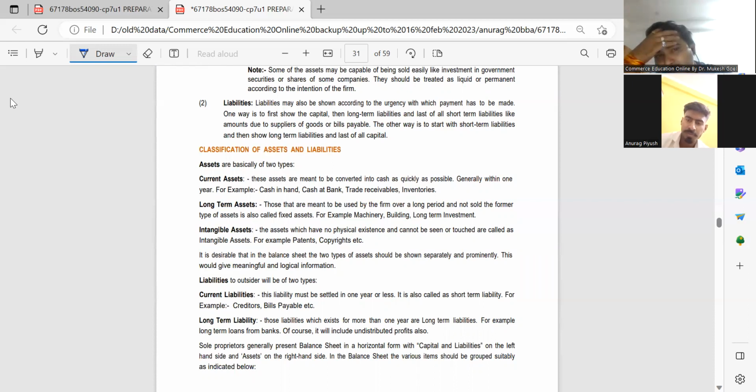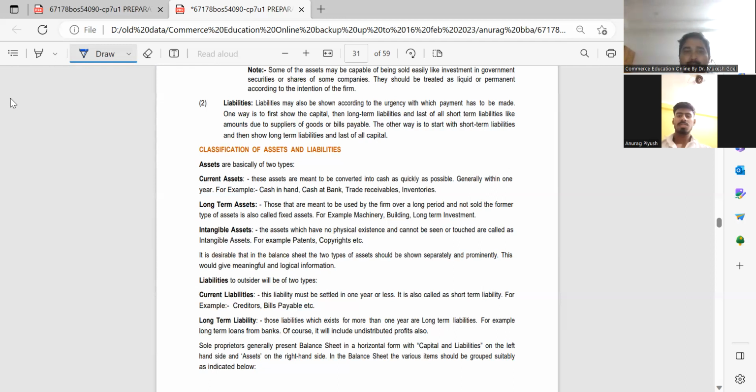There is some classification of assets and liabilities also. First of all, current assets. Current assets means the assets converted into cash within a year. For example, cash in hand, cash at bank, trade receivable, inventories. Then long-term assets, those that are meant to be used by the firm over a long period and not sold.